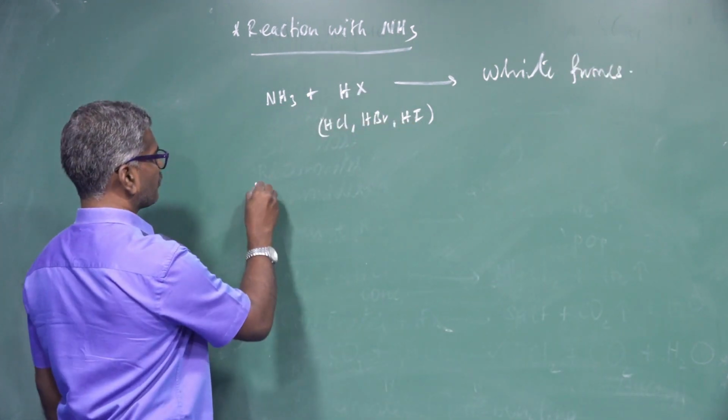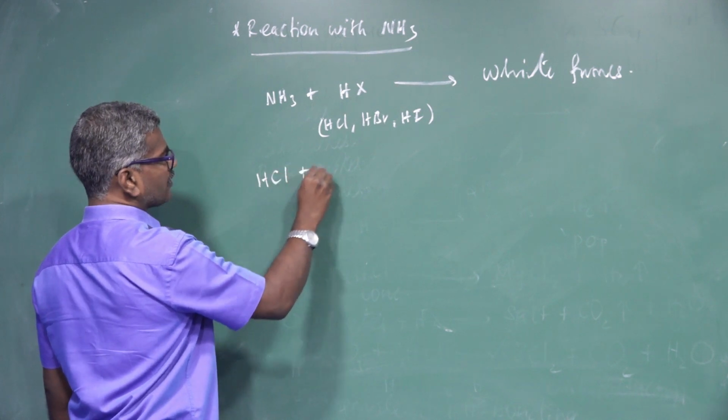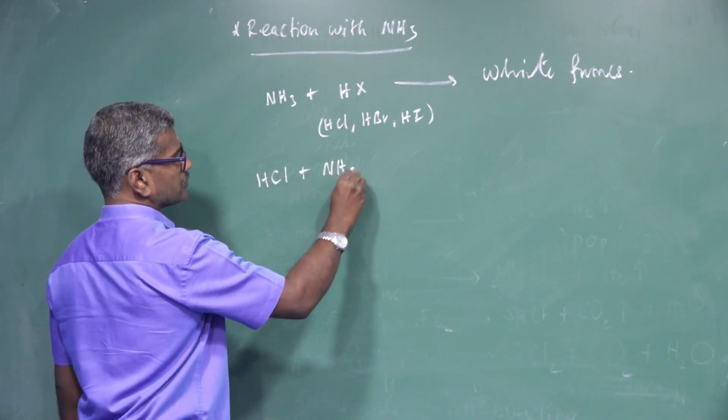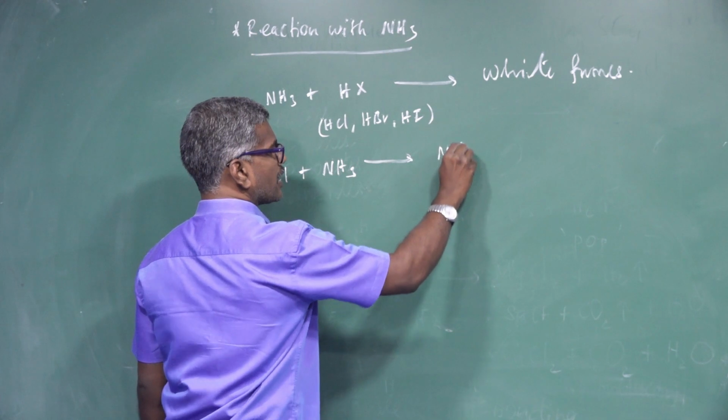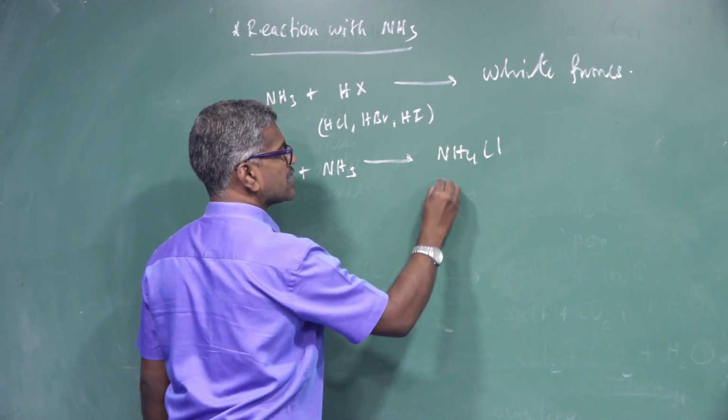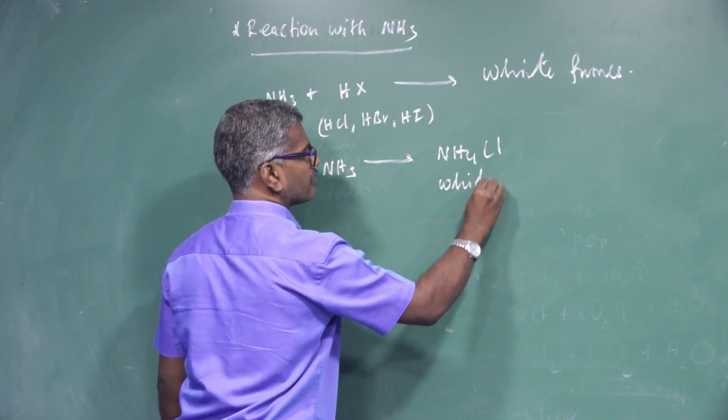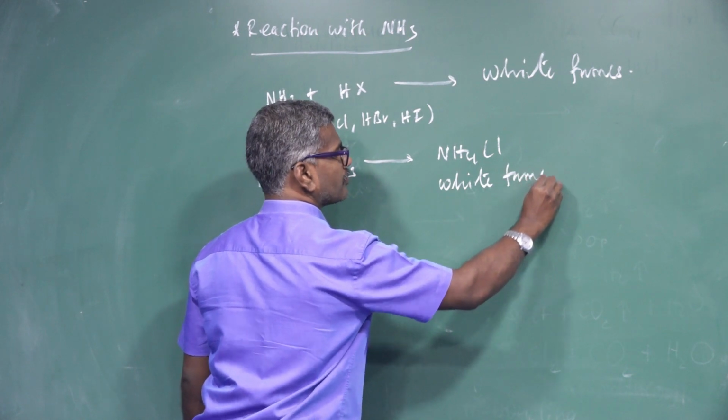For example, HCl reacts with ammonia to form NH4Cl, ammonium chloride, which is the white fumes.